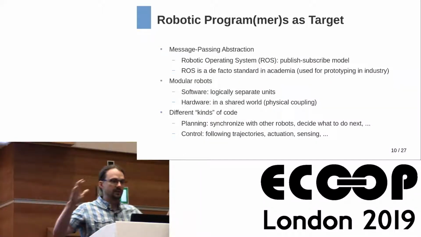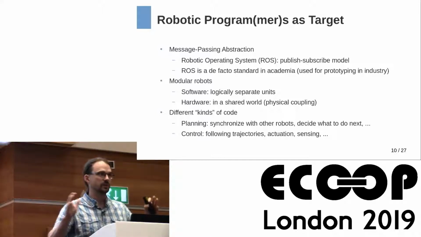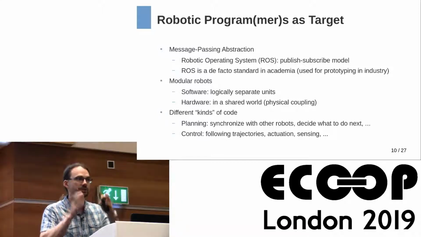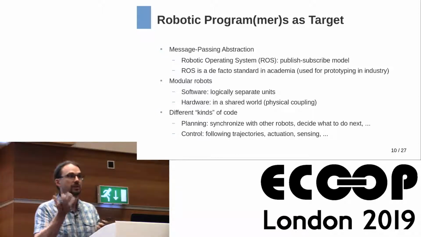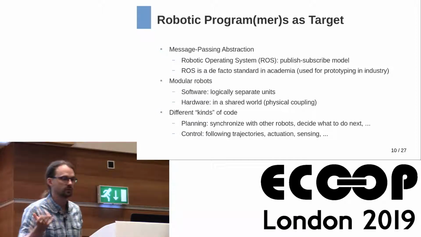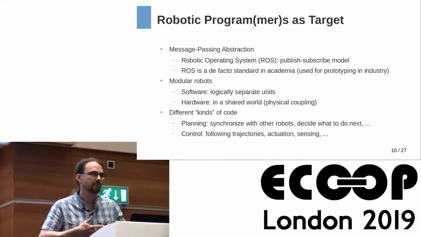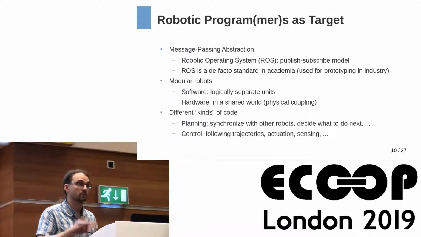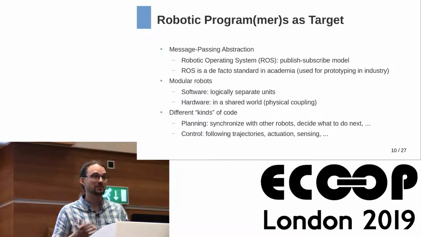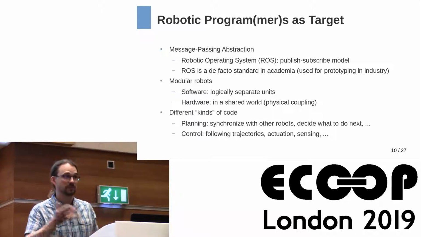Robotics is a very wide field, and here we are going to find a niche, a very specific topic that we can address. First, the question is message passing abstractions, because we have a physical world that is shared. The motivation comes from the Robot Operating System, also called ROS, which, as the name implies, is not an operating system but a middleware.